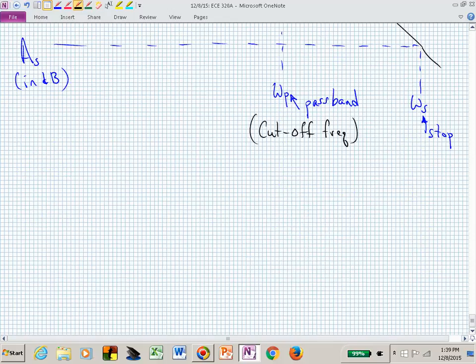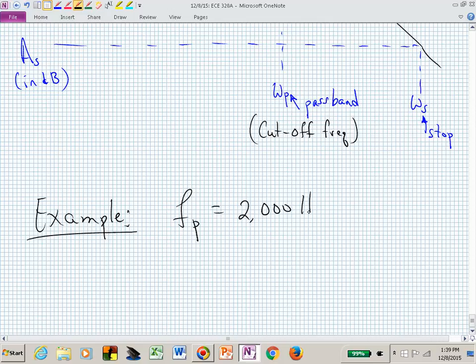Let me give you an example. Suppose that somebody says your pass band frequency is 2,000 hertz.